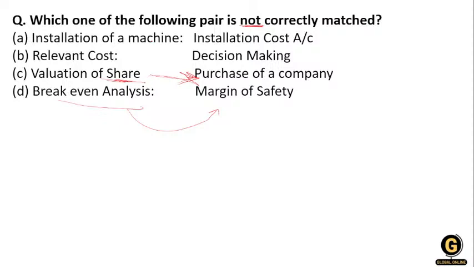This is also true. Relevant cost is prepared for making proper decisions. Installation of machinery is not a separate account; we take the installation entry in the machine account. So option A is not correctly matched, so option A is the answer.